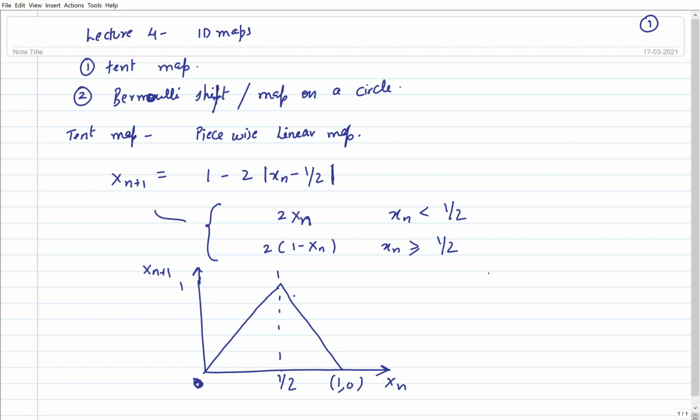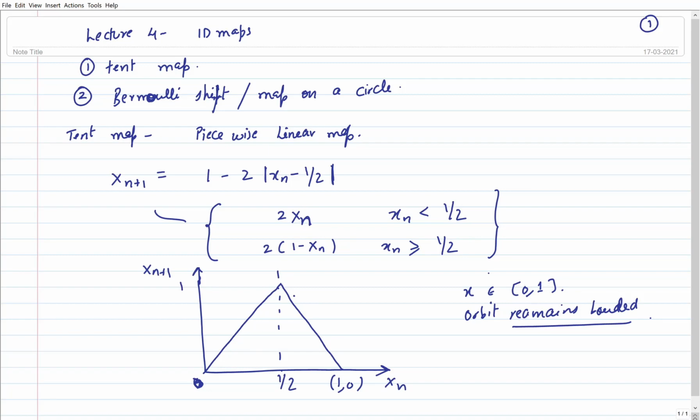So x is confined between 0 and 1. And under these conditions, for this particular map, the orbit remains bounded between 0 and 1. So any initial condition starting from somewhere between 0 and 1 remains there only.